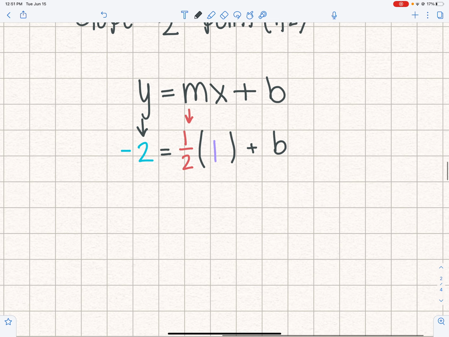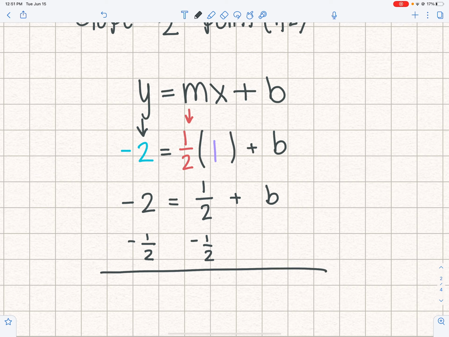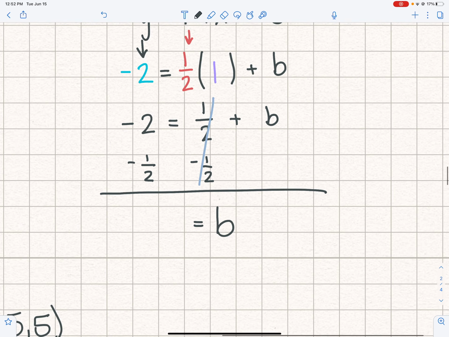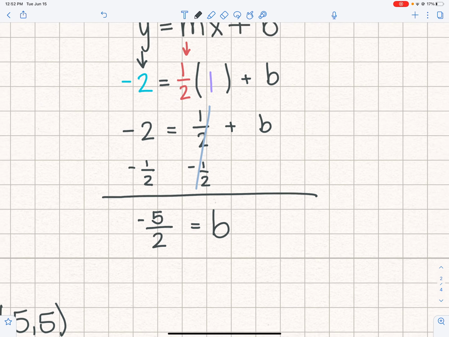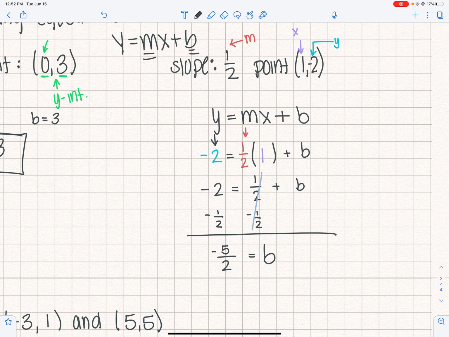1/2 times 1 is going to give me 1/2 plus b equals negative 2. I'm going to subtract 1/2 from both sides. That's going to make these cancel. Leave me with just a b over there. Negative 2 minus 1/2 is going to give me negative 5/2 for b. And so my final equation will be y equals mx plus b.